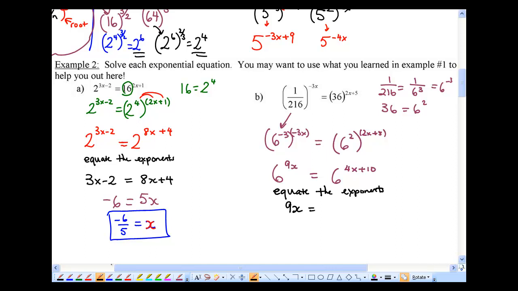And just do some simple algebra to solve for x. Done. Want some more fun? Turn the page.